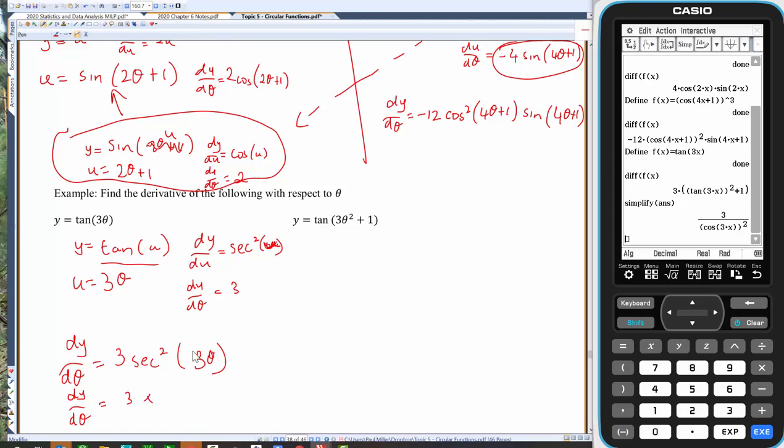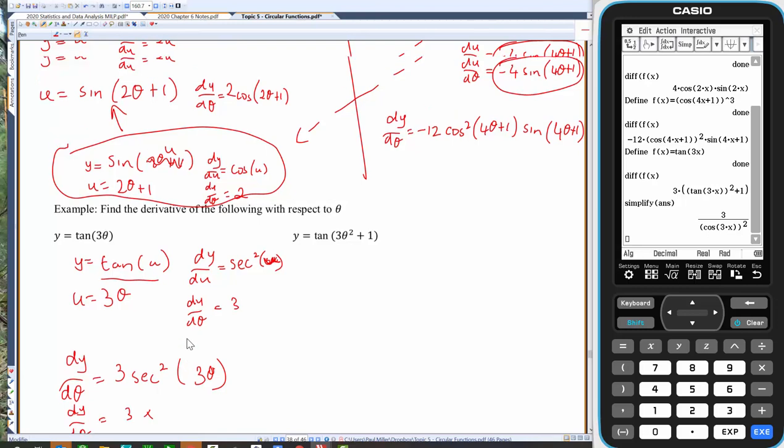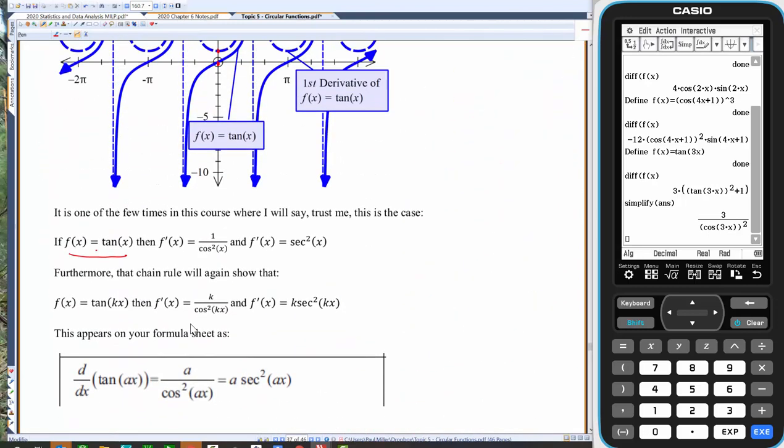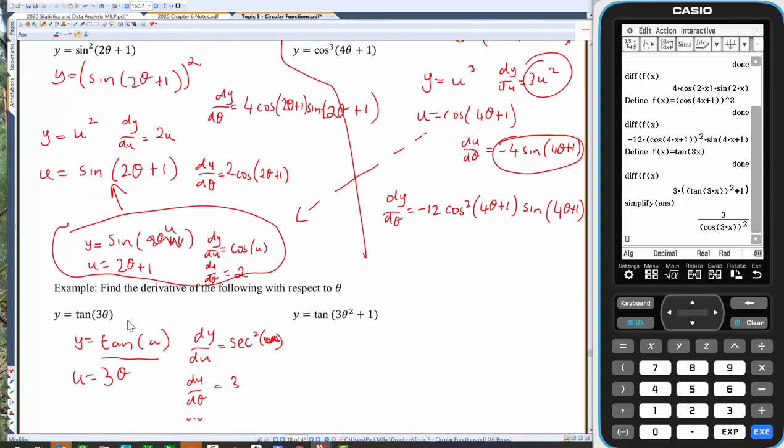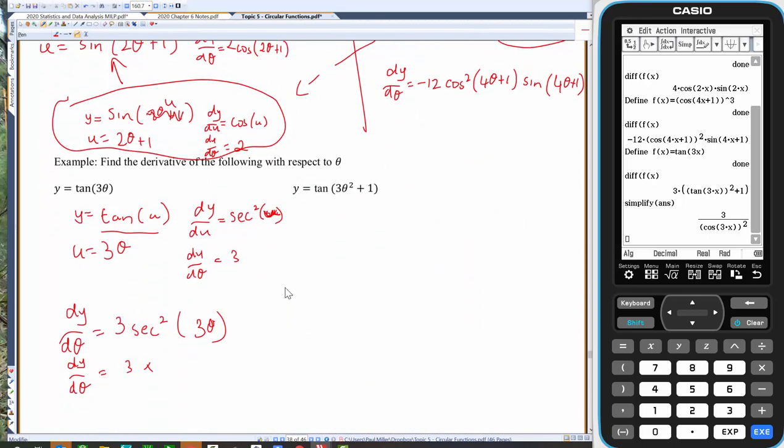Now what I'm going to do is go back to my formula sheet and note that secant of x all squared can be written a little bit differently. It can be written like this. So that is exactly the same as that. We grab the a and put it in the numerator, and secant ax all squared goes down there, and we change it to the cosine function. So I can do the same thing over here.